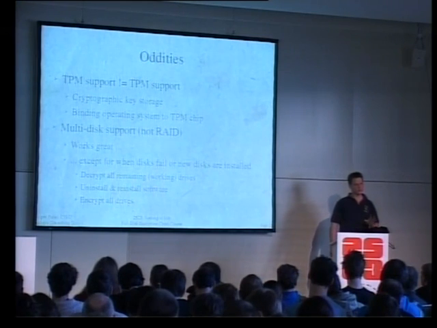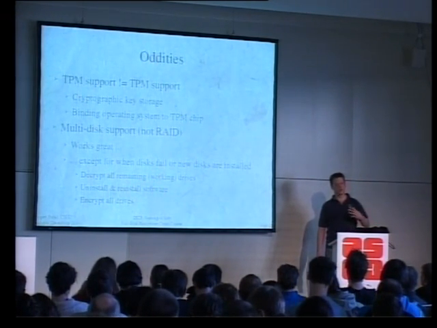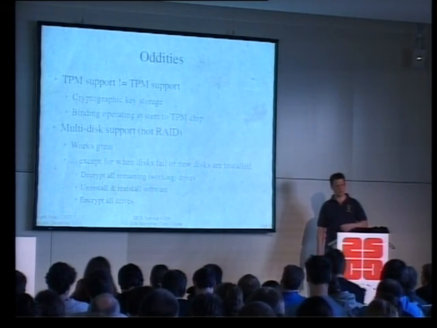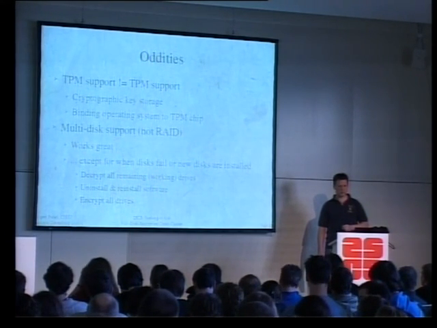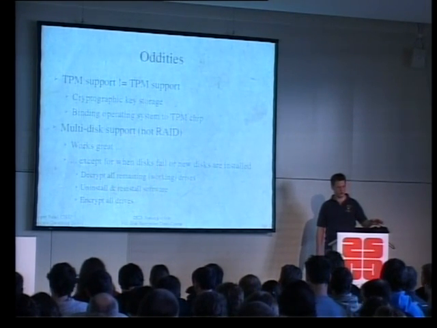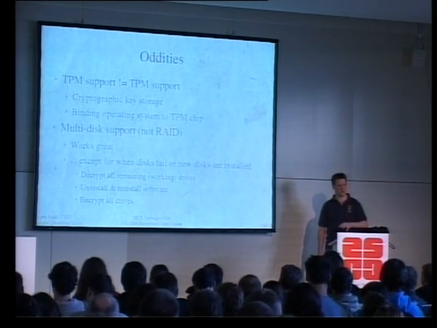RAID is a different story, because RAID abstracts the multiple disk setup from the cryptographic component. So if the product that you choose has RAID support, then very likely you'll be okay with RAID failures.